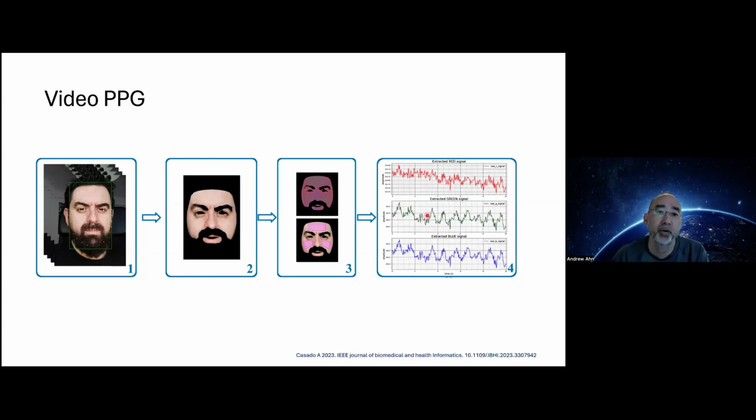And so you can see that the green light does a better job of delineating the heart rate signals. And the other thing that I also observed is that this video PPG approach really didn't work that well for darker skinned individuals. And as mentioned before, the melanin does absorb green light and blue light much more so. And so that explains why individuals with darker skin just had poor video PPG quality.